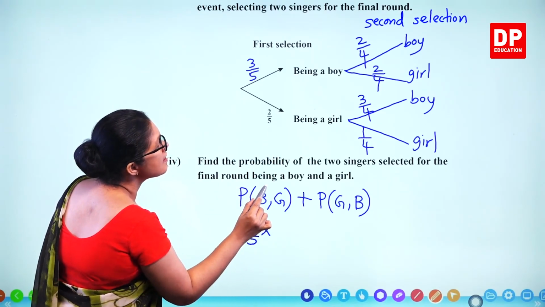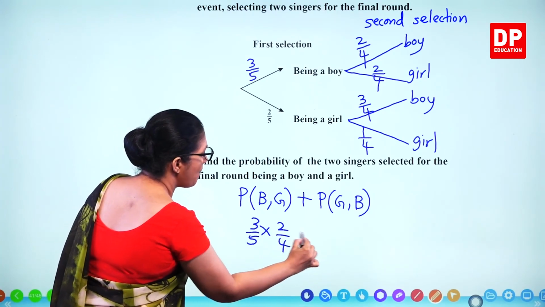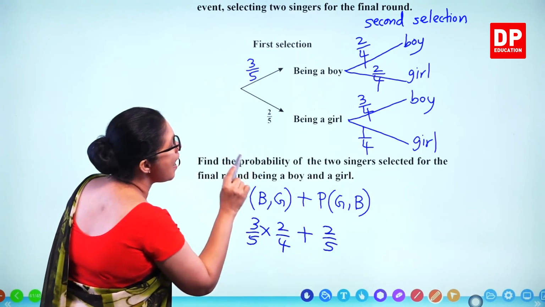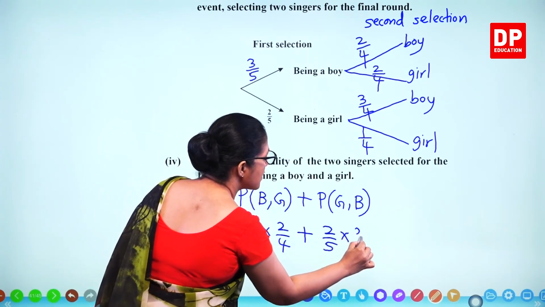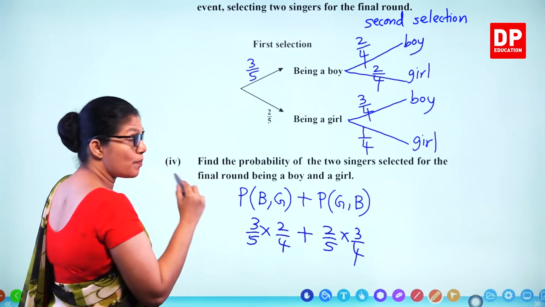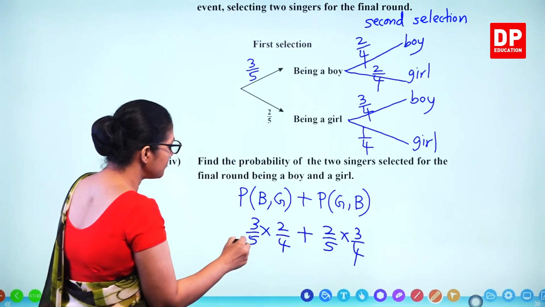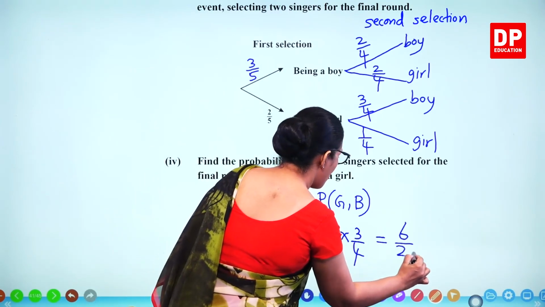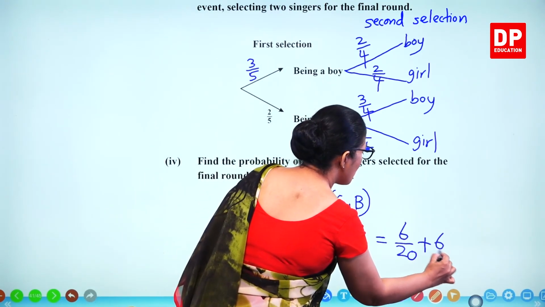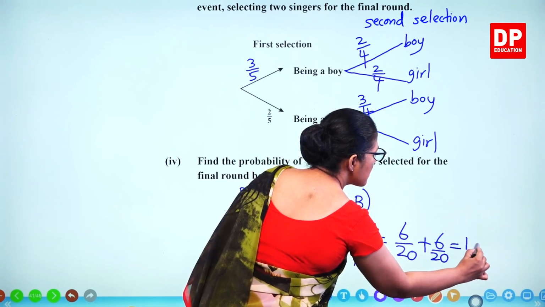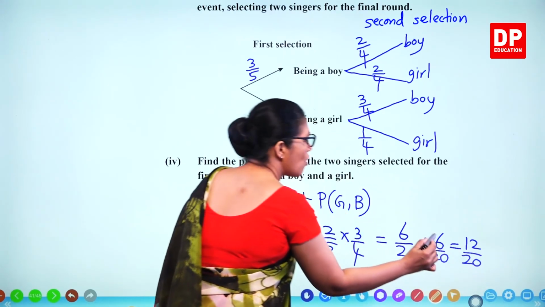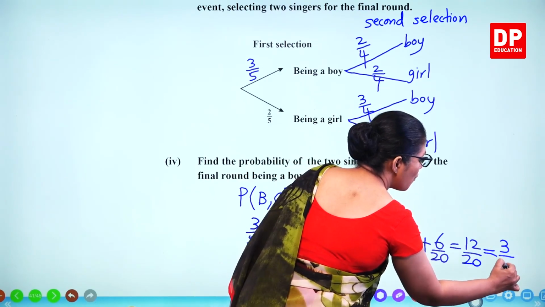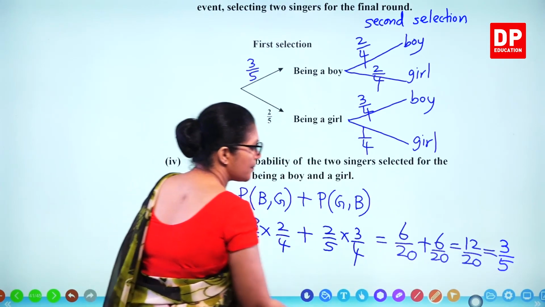Selecting a girl second time, that's 2/4, plus first time 2/5, that's a girl, and a boy, that's 3/4. So 2 possibilities are there. So what's the answer? 3 times 2, 6, 6/20, and 6/20. That's 6 and 6, 12, 12/20, or you can simplify and write 3 times 4, 3 times 5, 3/5.